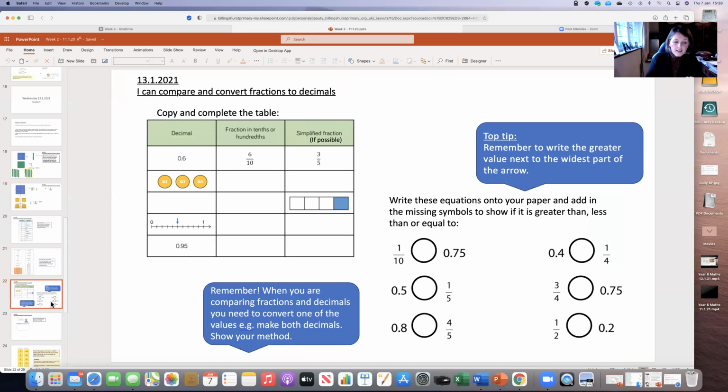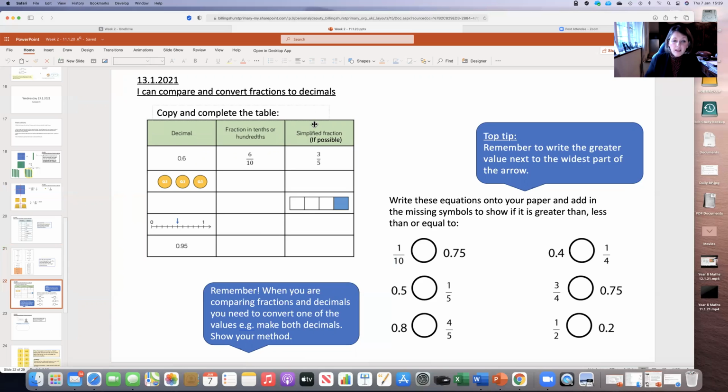The following two slides, this is where you need to really just answer some questions. This first question here, we'd like you to copy and complete the table. You don't need to do this on the whole page. This will probably take up just about a quarter of the page. Make sure you write your headings in at the top here. And then this column here simply needs to be a decimal representation. This middle column here needs to be written as fractions, either as tenths or hundredths.